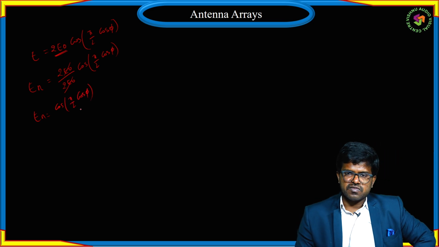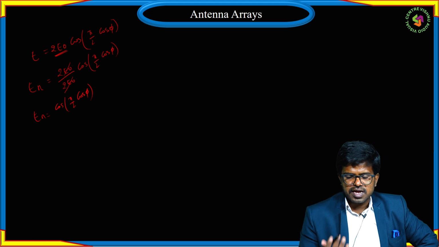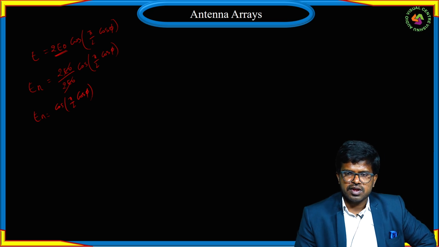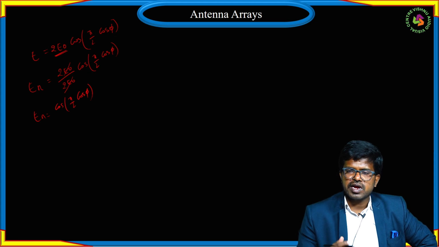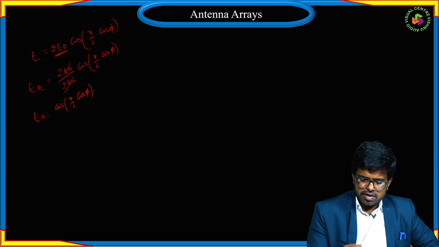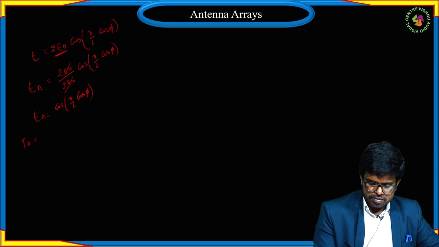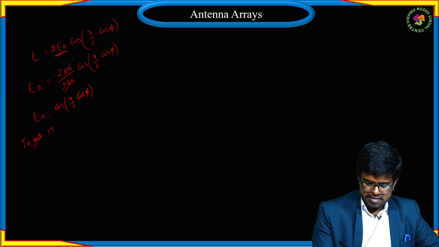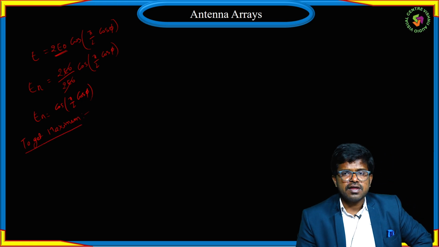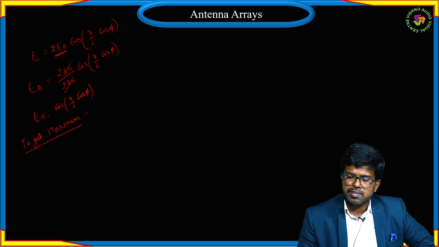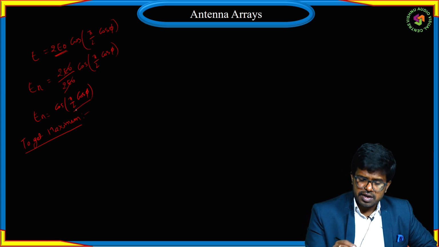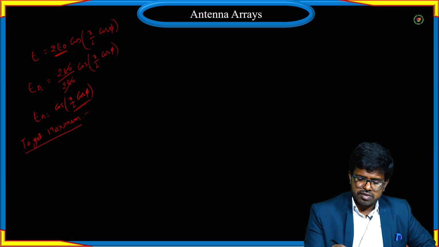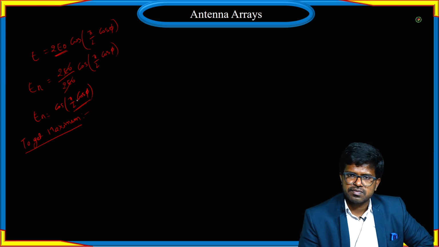After that, we need to calculate in which direction the field is maximum and in which direction the field is minimum. Those are the 2 steps we have to calculate. Then we can draw the radiation pattern. So to get the maximum, we have the equation cos((π/2) cos φ).